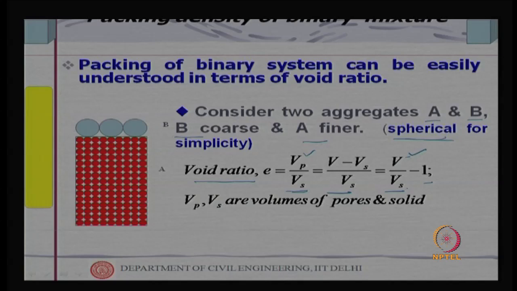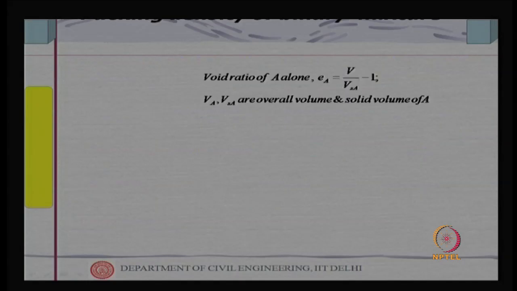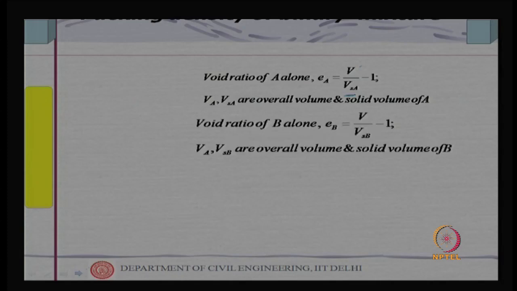This is the total volume, divided by the volume of solid, minus 1. So, that is the void ratio. So, void ratio of A alone will be V divided by VSA, that is the solid volume in total V, minus 1, right. So, VA, VSA are overall volume and solid volume of A in the system.